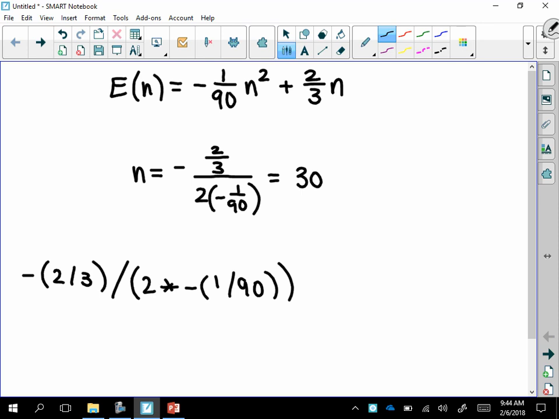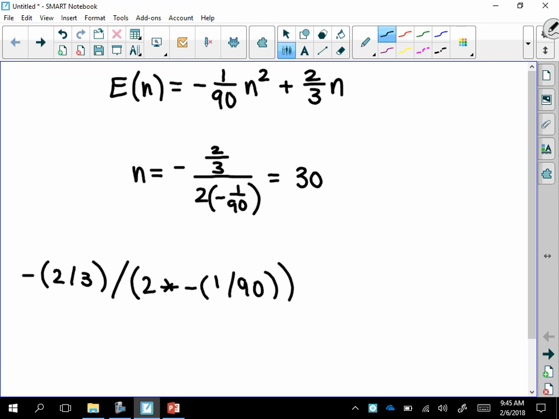After 30 times, it's going to start diminishing in effectiveness, and you're going to get to the point where you say, I'm so tired of seeing that commercial, I'm not going to buy whatever they're advertising. Any time before that, their experiment indicates you're still approaching maximum effectiveness. So they want to advertise for as long as necessary so that most people have seen that commercial 30 times and no more. So that's the idea.